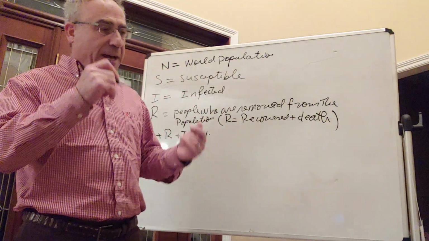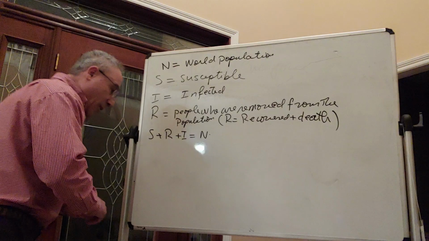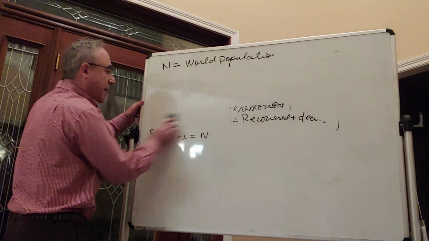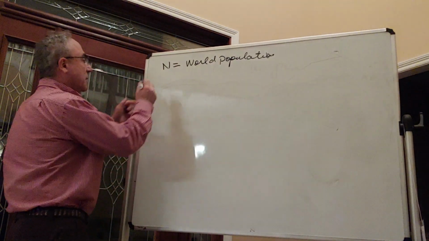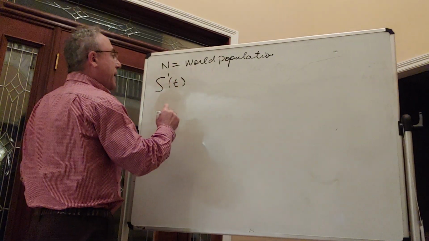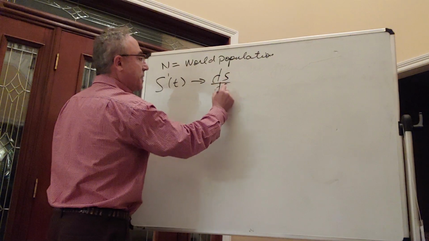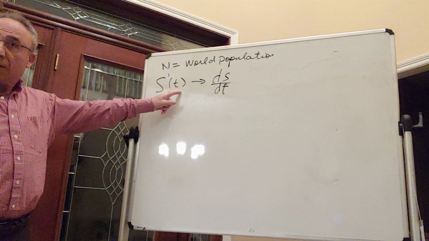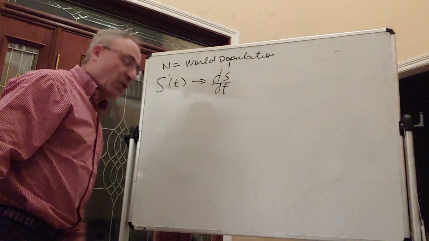If the derivative is S prime, for example, remember S is susceptible, so we're going to look at S prime of t, which is nothing but dS over dt. This is the rate of change of those who are susceptible.